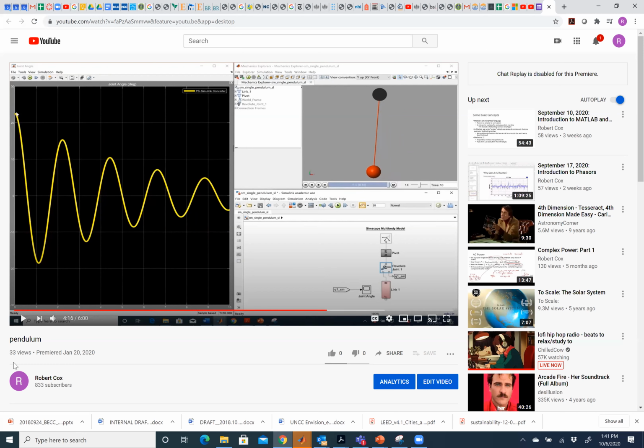Now, what do I call this? What's the term I use for this? Well, adding the friction gives me what I call damping, right? As soon as I add losses to a system, the system has what I call damping. So in this case, what kind of damping does it have? Underdamped.